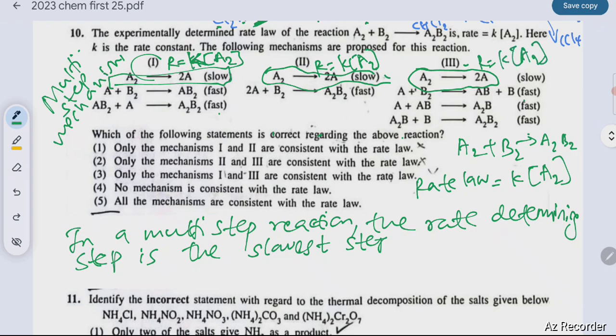So from this we can say that all the 3 mechanisms give the given rate law, rate equals K[A2]. Which means that all the mechanisms are consistent with the rate law. So mechanisms 1, 2 and 3, all 3 are consistent with the rate law. So the answer is 5 for the 10th question.